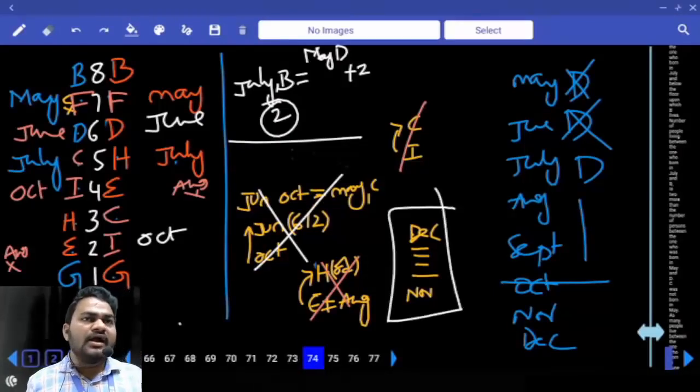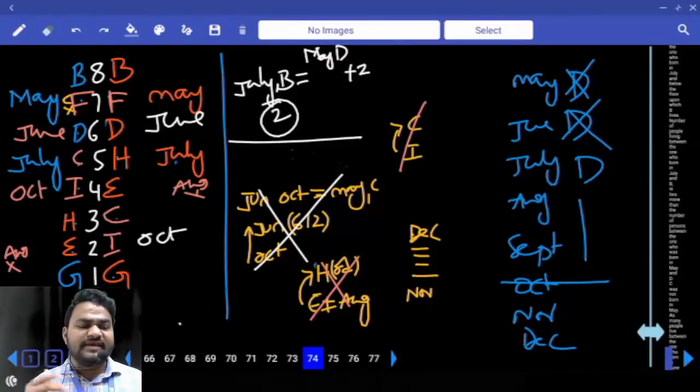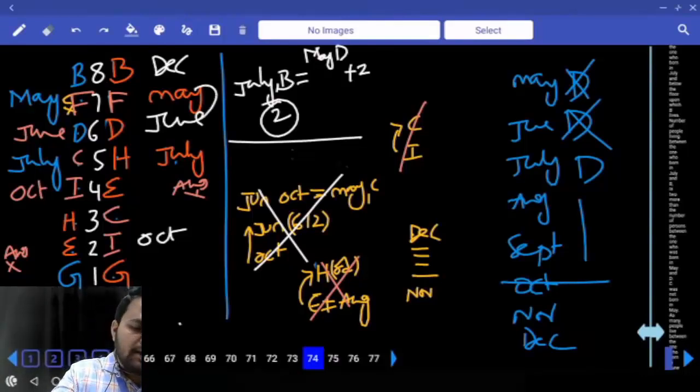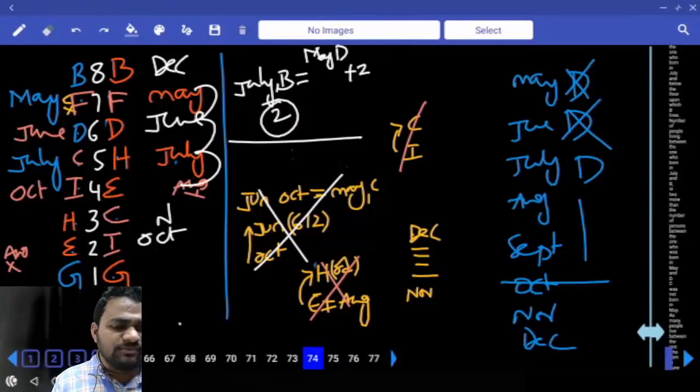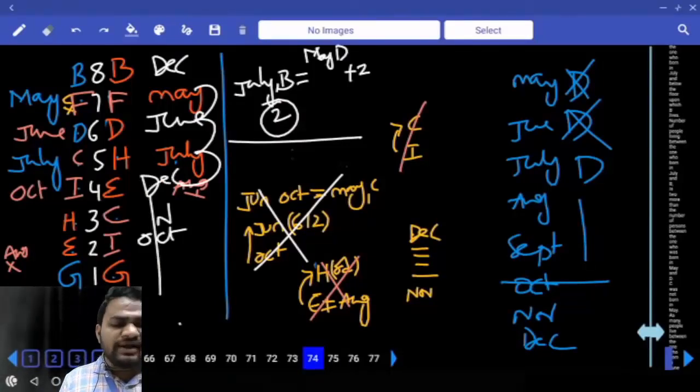Now there is already a condition that there are 4 floors between December and November. December is above November. Look at the right side possibility. If I fix December here, 4 floors are required: 1, 2, 3, 4. Is November possible or not possible? If you fix December here, do you have any place for November?